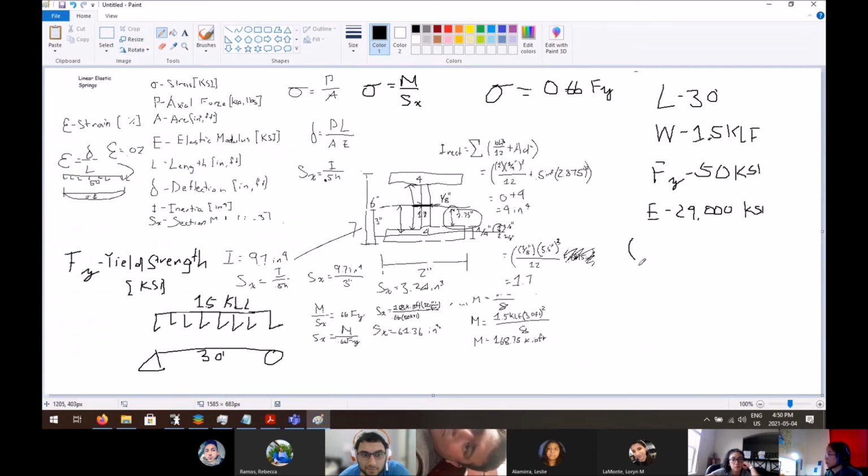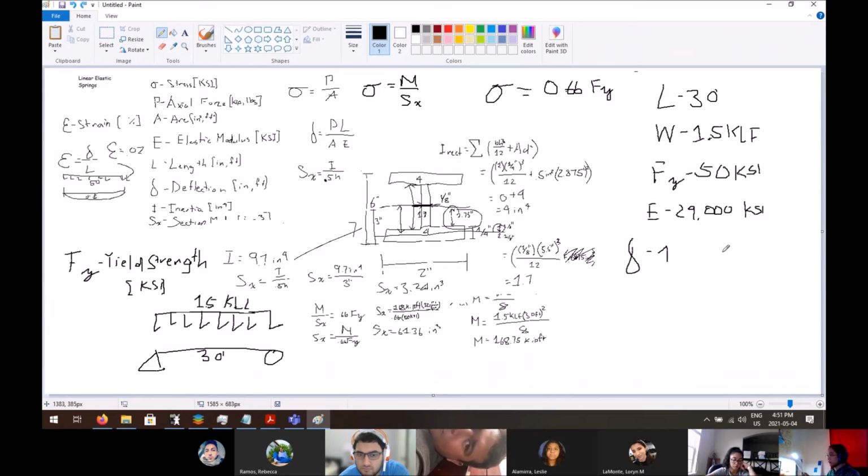So deflection. We're given a deflection as well for this problem that we went over in class, I think, of 1.5 inches. This is the maximum deflection we want in our beam, and so how do we get to that?